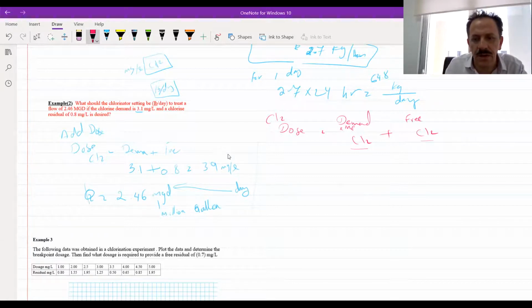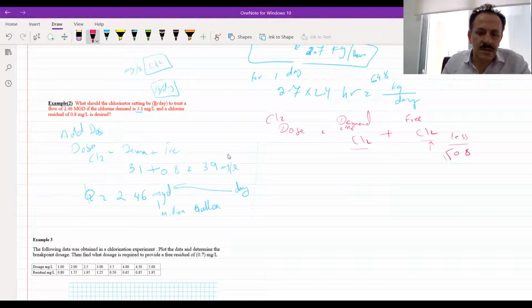The free chlorine, we shouldn't have more than 0.8. It should be less than that, because chlorine gas is toxic when it will be more than 5 milligram as free chlorine, it will be very toxic. So we should keep it less than 0.8.